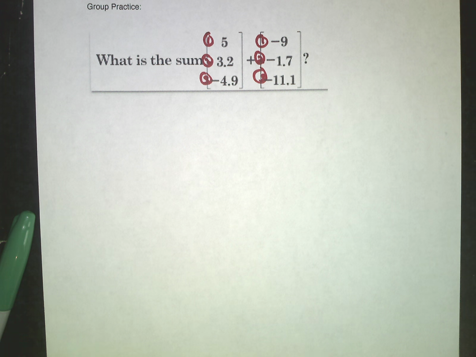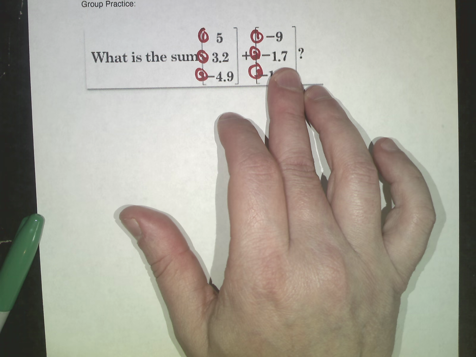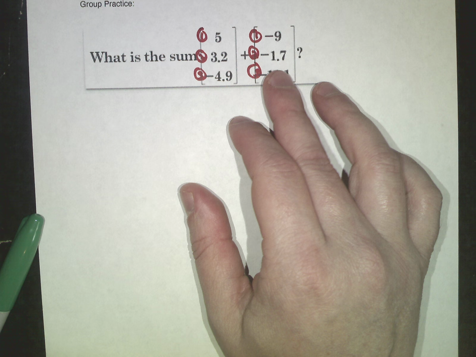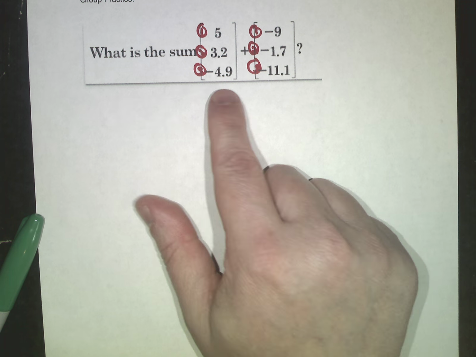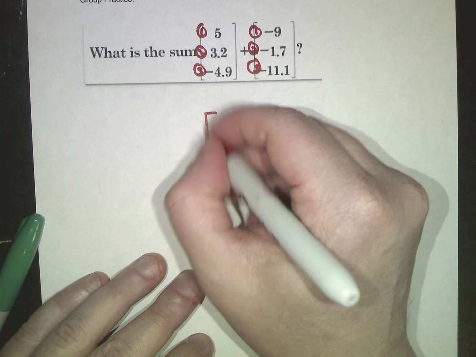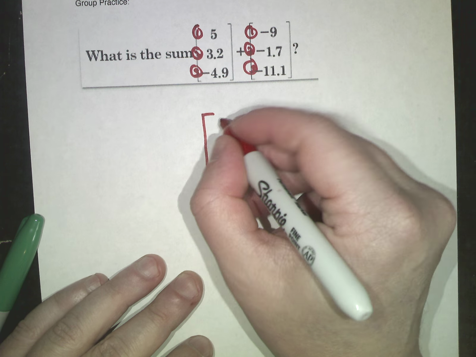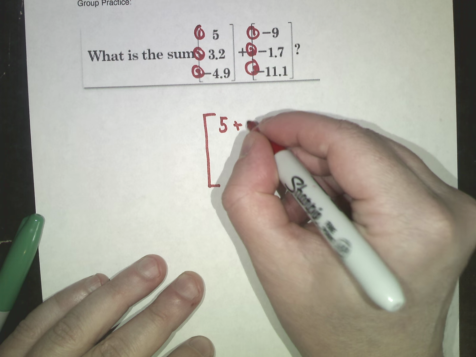So first thing you have to do is identify where everything is. For our sake, we're only adding matrices that have the same shape. So I'm not going to give you different ones, and I'll show you an example of that in a second. So we just have to add the ones together. So I'm going to redraw my matrix. And I'm going to just add the ones together. 5 plus -9.